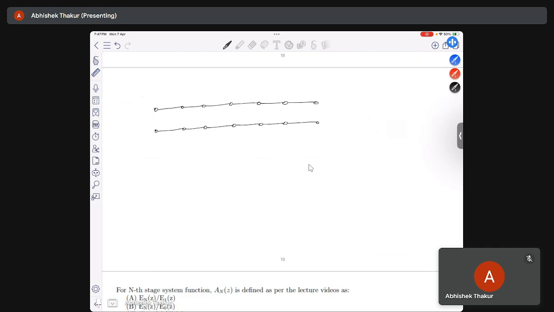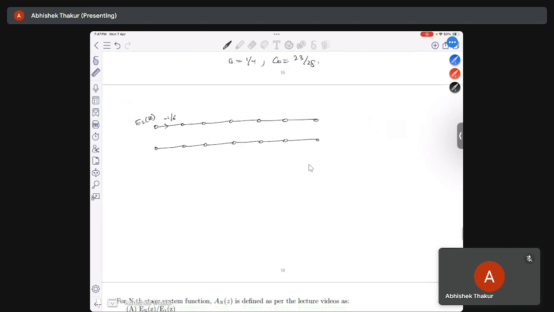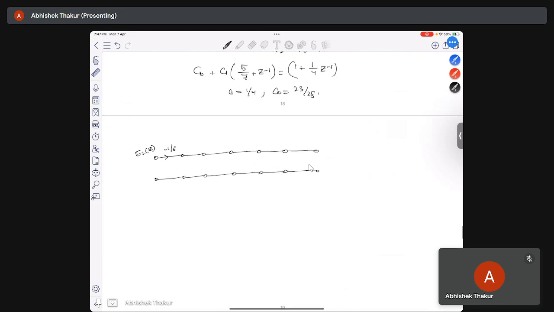So this is E2 of z, and here it will be minus 1 by 6. This will be 1 by 6. Sorry, this will be minus 1 by 6. E1 of z.